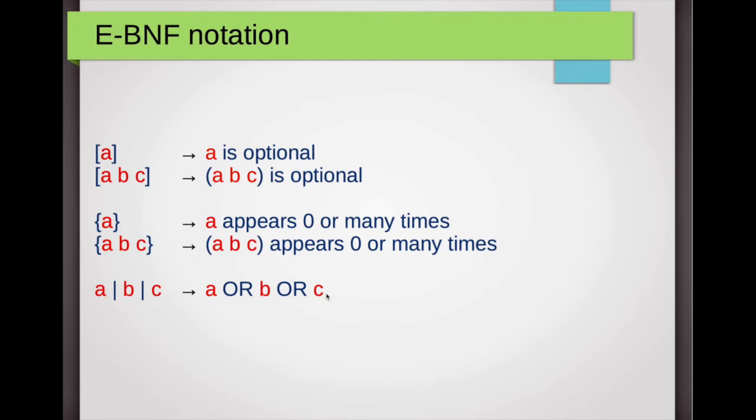So to me, this notation appears to have some complexity here, in the sense that our brackets and our braces have two roles at once. First, they group elements, and then we apply some operation on them, like is optional or appears 0 or many times.